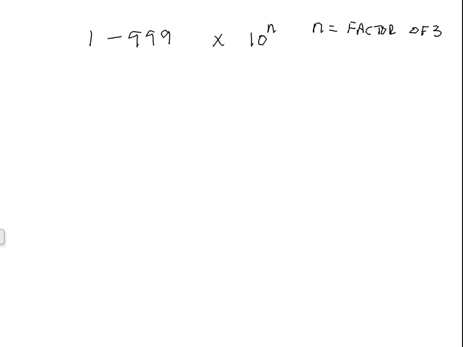At 1,000, we're going 1 times 10 to the third, and we will go from 1,000 to 999,000.